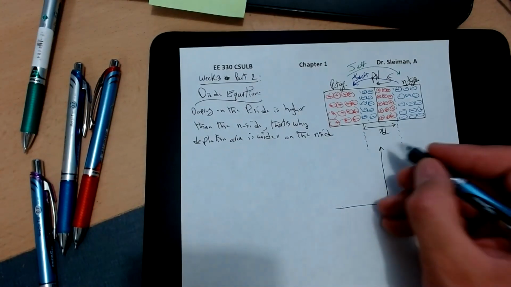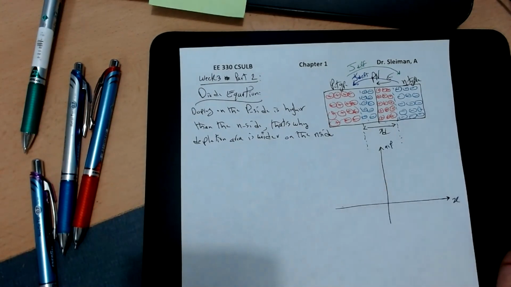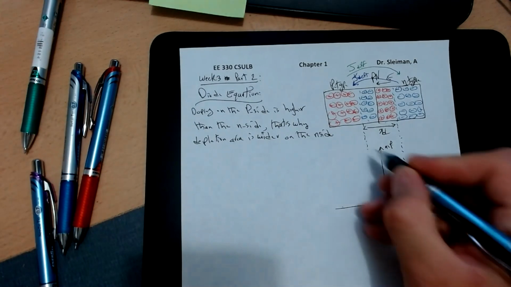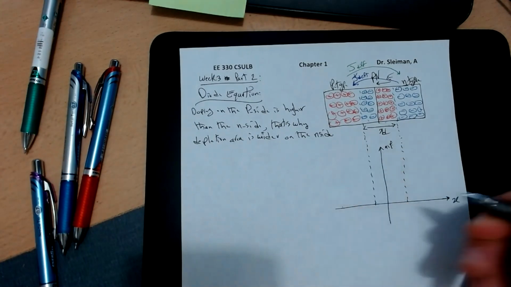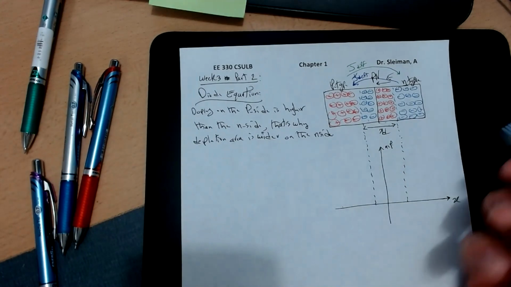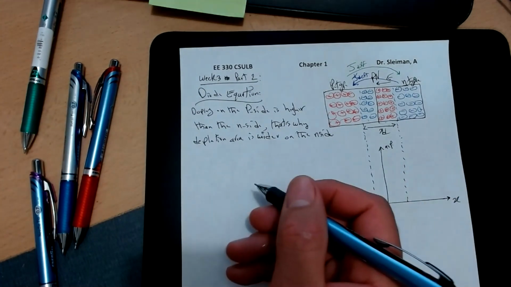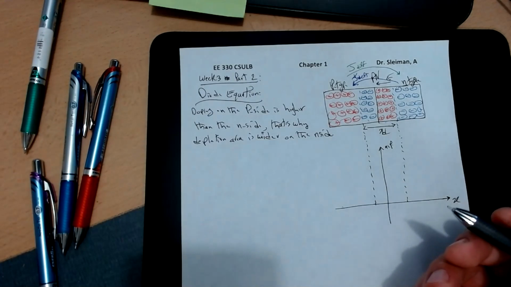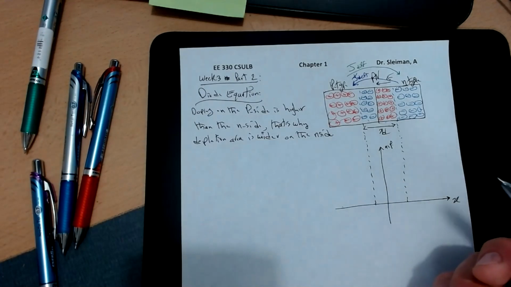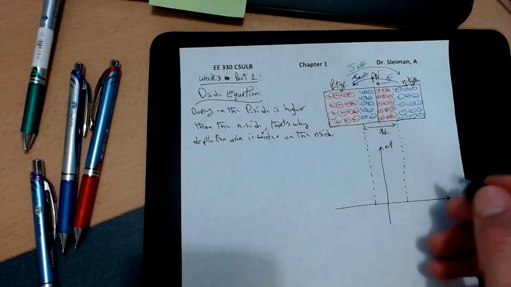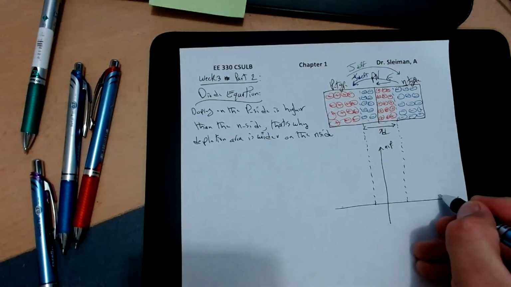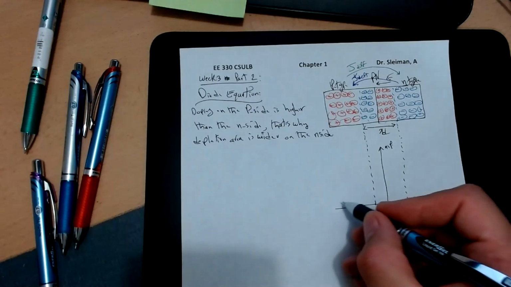So np and pn, let's say, and we will have the thermal equilibrium pn0.